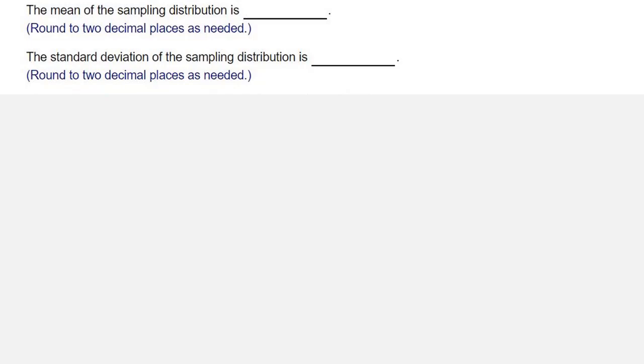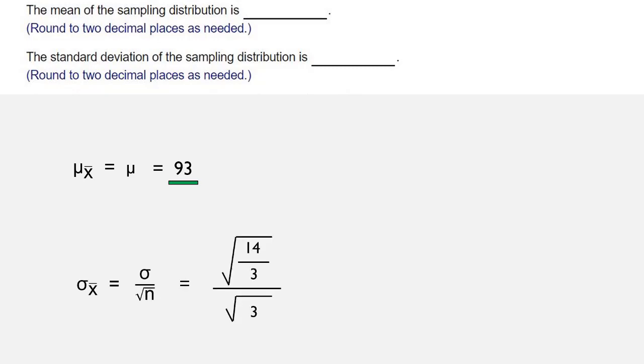And the formulas that we have are that mu of x bar is equal to mu. So for us, the mu was 93, so mu of x bar is going to be 93. And sigma of x bar is sigma divided by the square root of n. So that makes it the square root of 14 over 3 divided by the square root of 3. Why didn't I just use the 2.16 as the square root of 14 over 3?